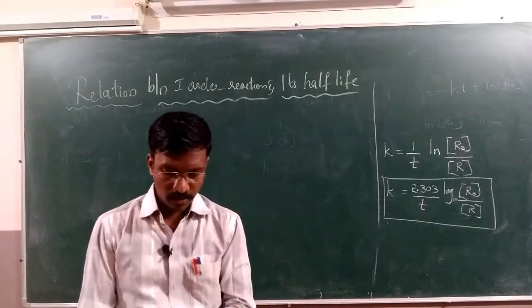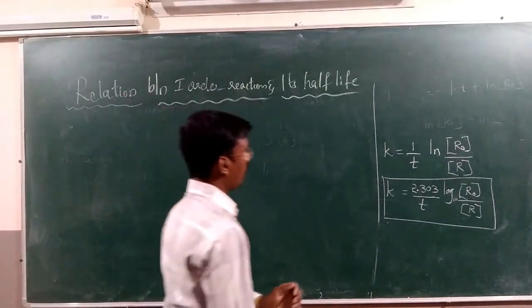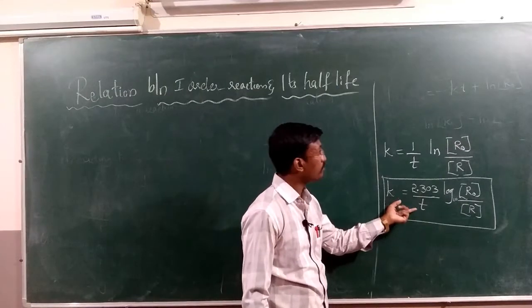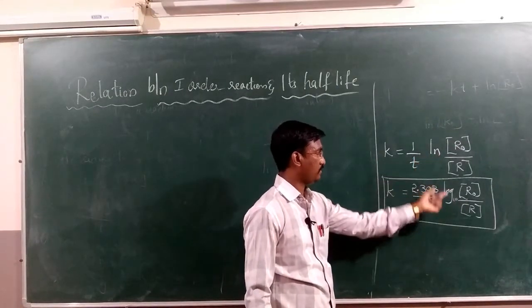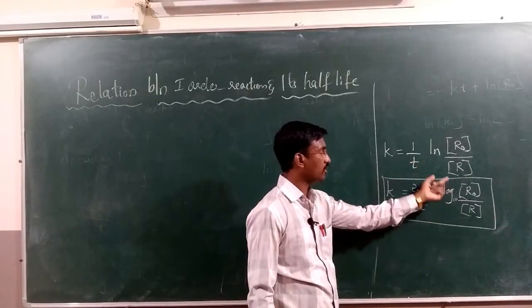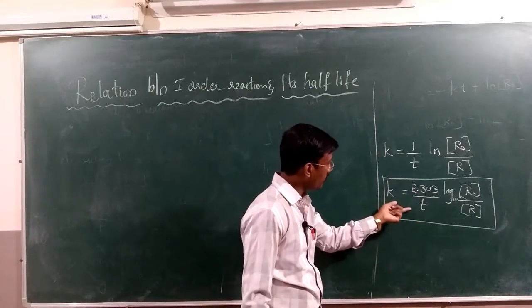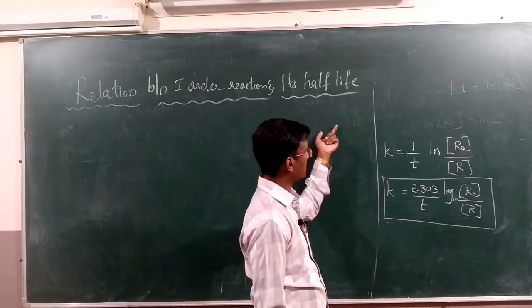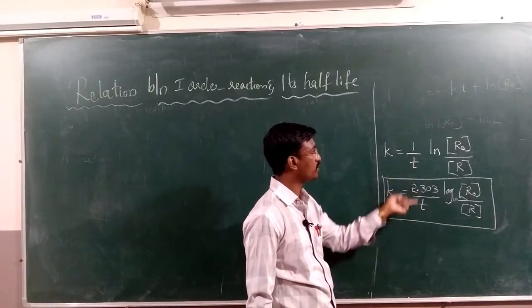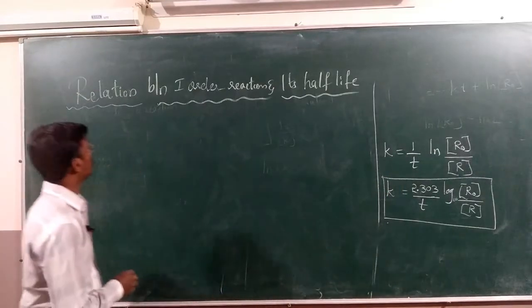To make this relation, we may take the final expression of the first order reaction, but it is better to take the previous one, meaning ln, because in the log form it is very difficult to convert. If you begin with the log expression, you have to soon convert it to the previous one. Therefore, I am directly taking the ln form.